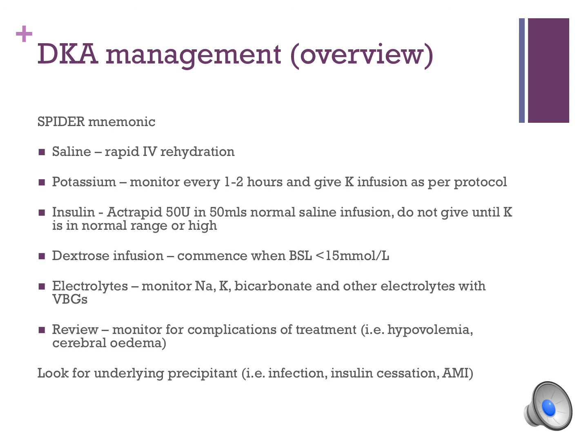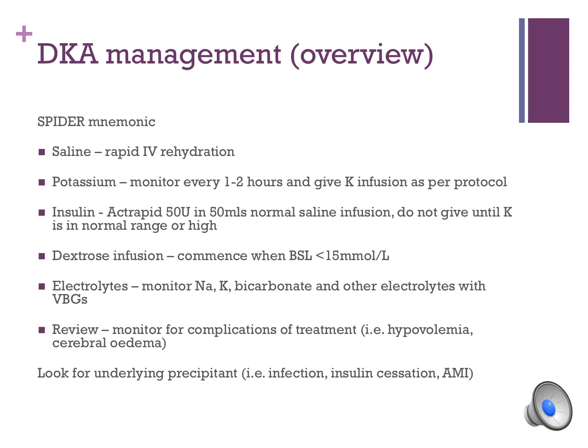It's important not to give insulin until the potassium is shown to be in normal or high range, as giving insulin will further lower potassium by driving it into the cells. Therefore, you should check the potassium and provide a potassium infusion as per protocol and make sure that it's normal before giving insulin.